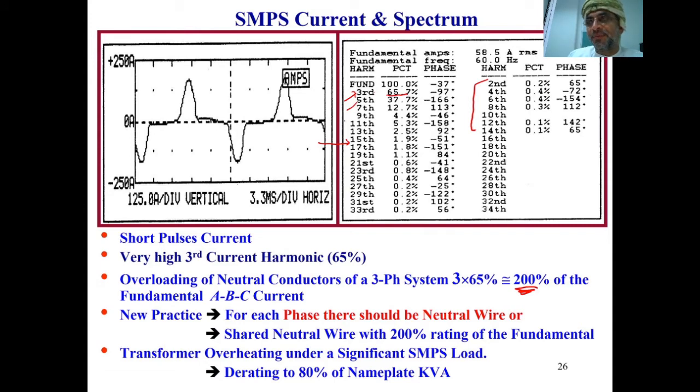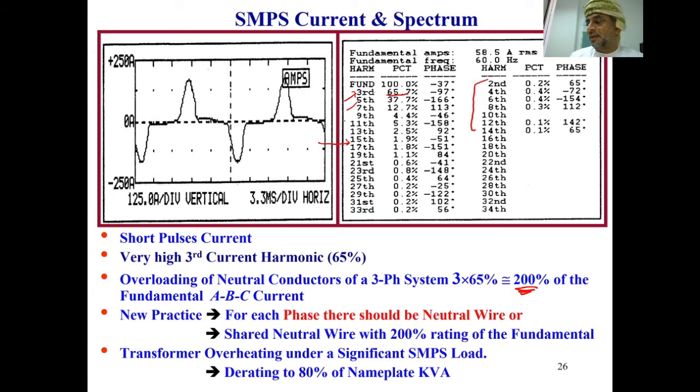Since we know in advance that our load will be mainly electronic load, computers and so on, we know that there will be a third harmonic, and that the third harmonic will cause losses and problems. So what we have to do is derate that transformer.